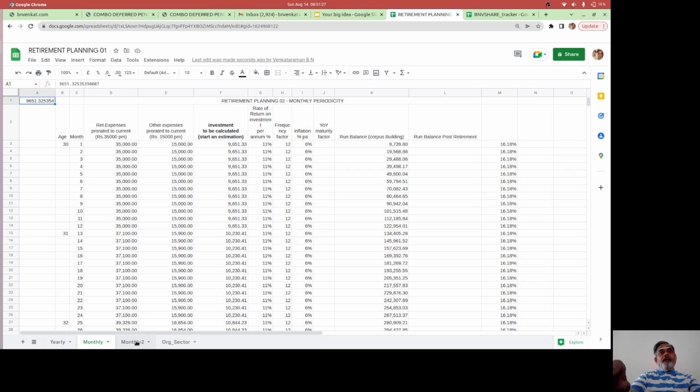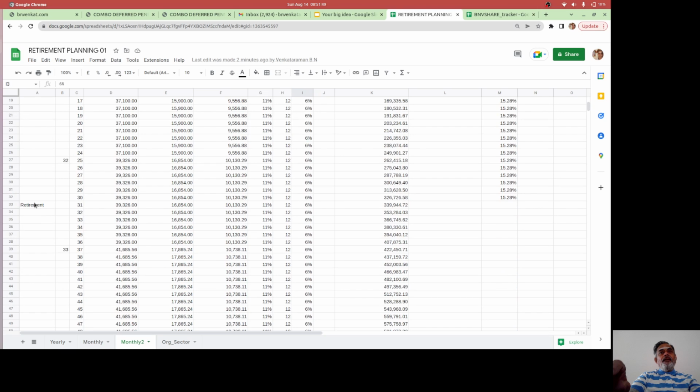Now let us go to another set of values, month 2. Here also it is exactly the same, but the inflation percent varies. Let us go to the retirement age.